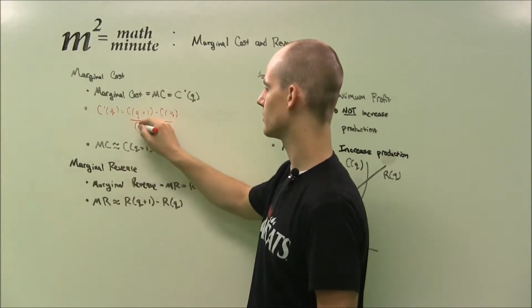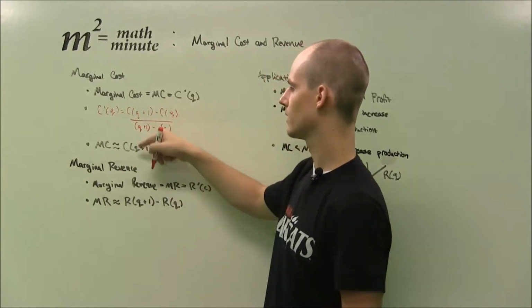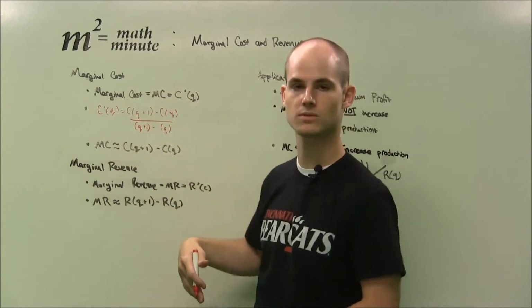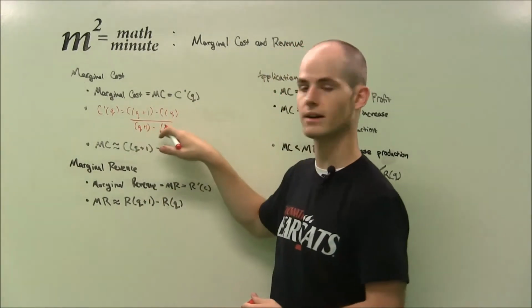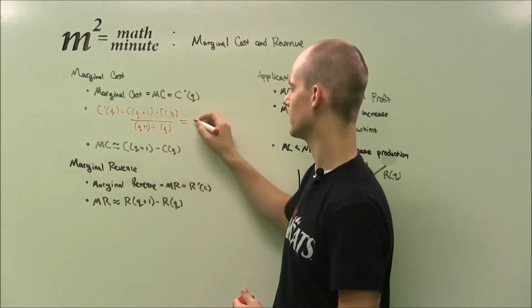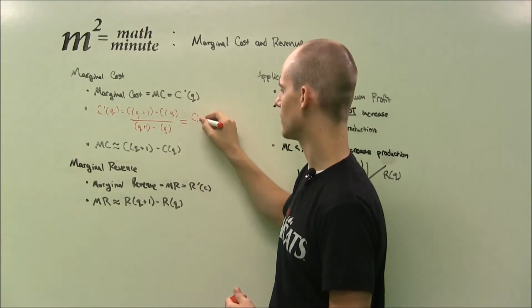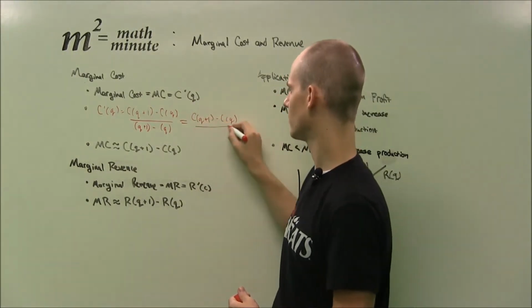So we're finding the slope between the point Q plus 1 and Q. We're going to find it when x equals Q plus 1 and x equals Q. Down here, we're just going to have Q plus 1 minus Q. So this actually equals C at Q plus 1 minus C at Q over 1.